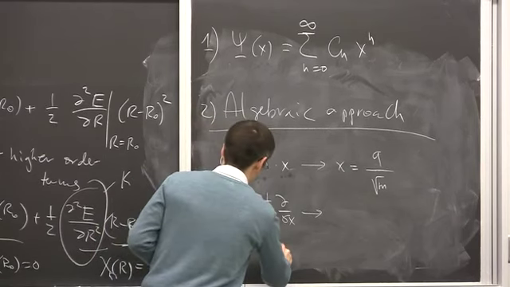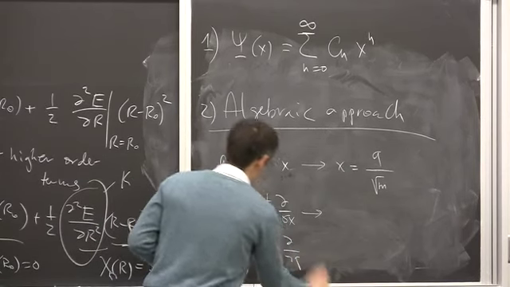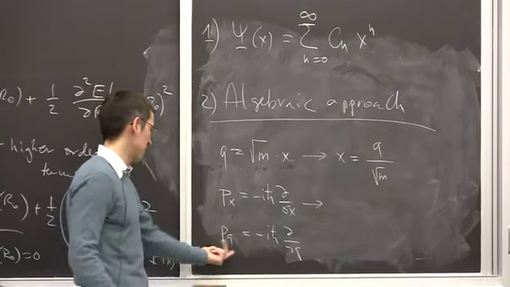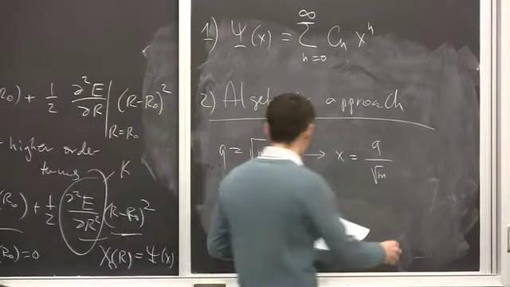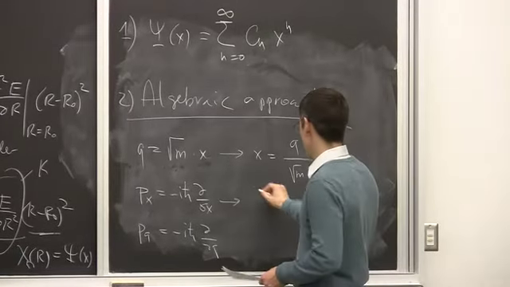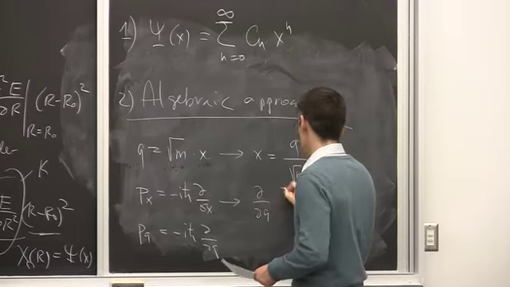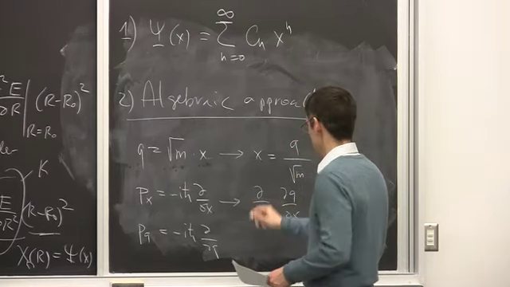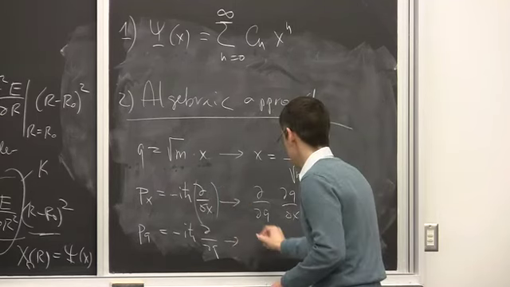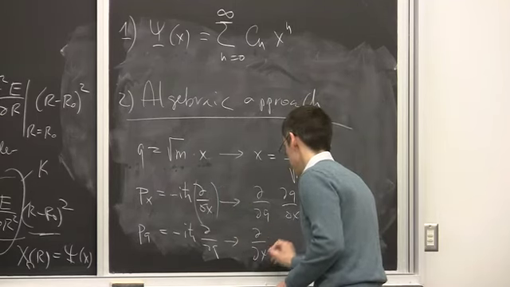It's minus i h bar d over dq. And there is, of course, a relation between momentum for the x variable and for the q variable. We can use the chain rule, d over dq, dq over dx in the derivative.